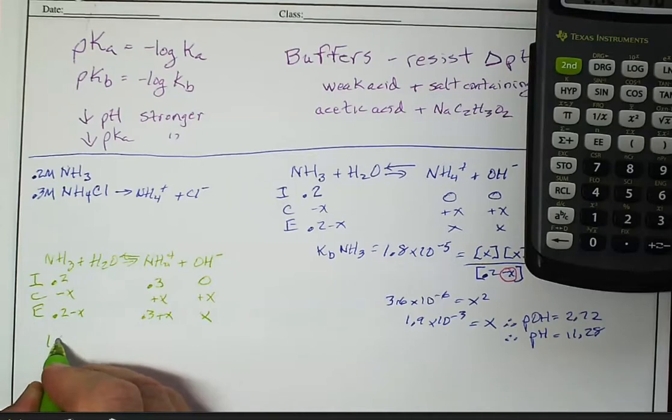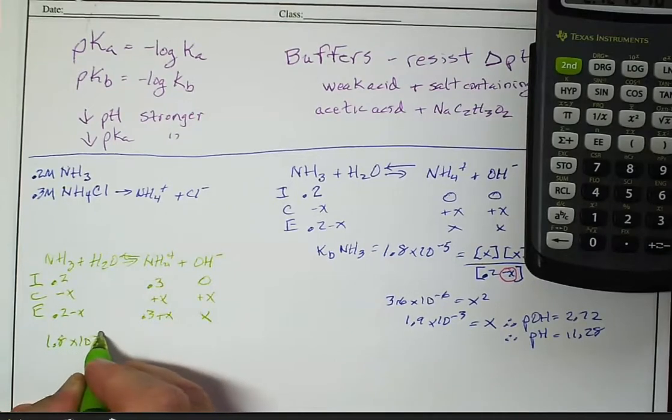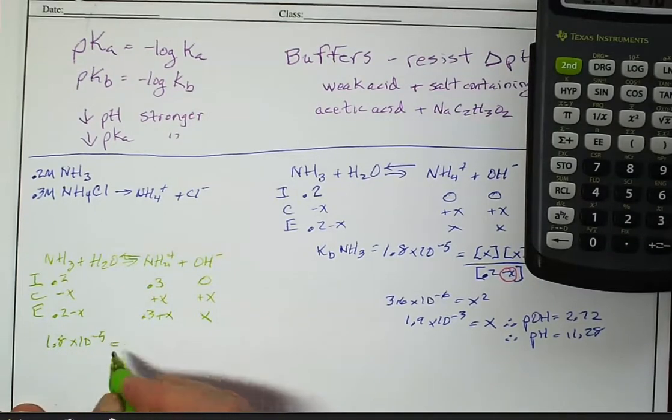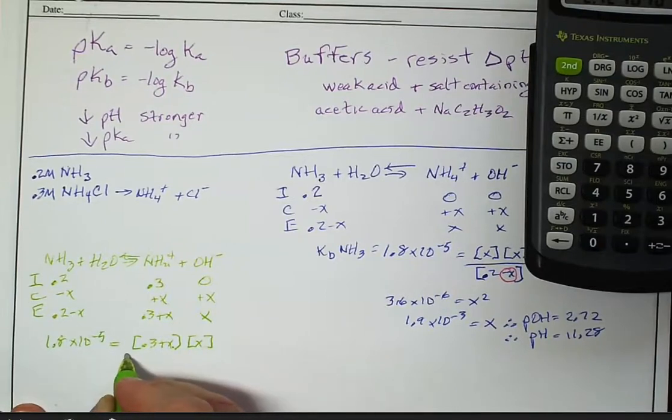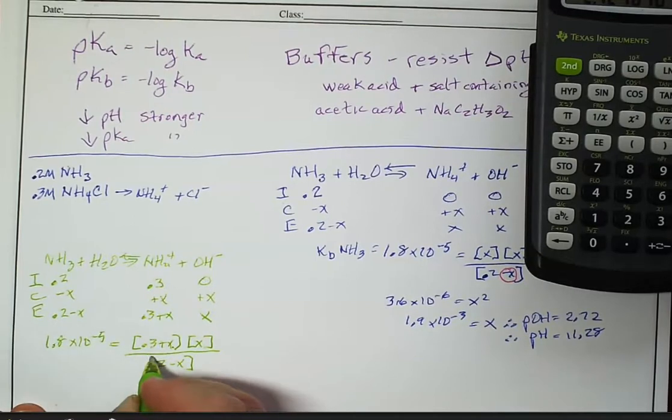And so our 1.8 times 10 to the minus 5 equals 0.3 plus x times x over 0.2 minus x.